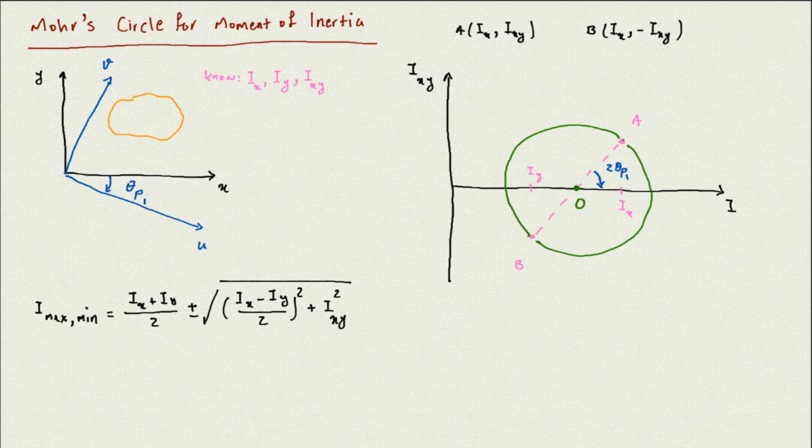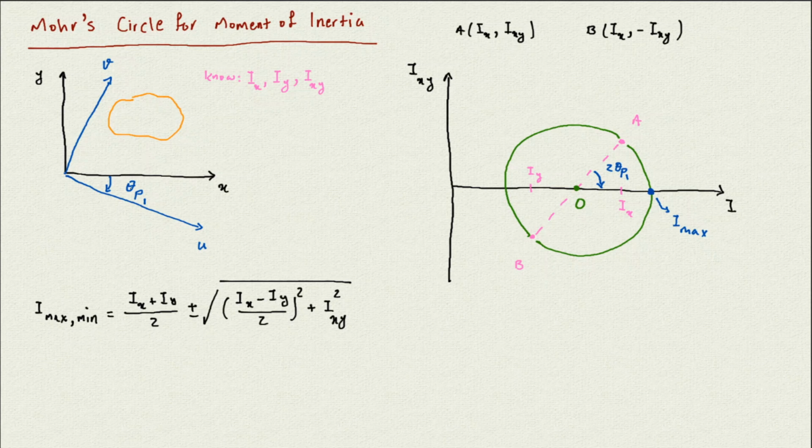If I rotate from point A by 2 theta p1, eventually I will come to this point, which is the I max. It's where we have the maximum value.